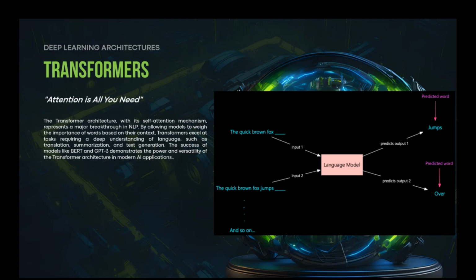Transformers allow for parallel processing, making them highly efficient and effective, of course. The one thing that makes the transformer different from others is the self-attention mechanism. The self-attention mechanism enables the model to focus on different parts of the input data based on their relevance to the task at hand.